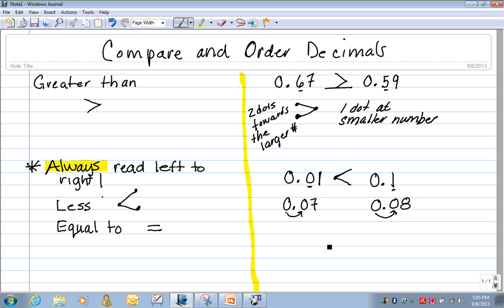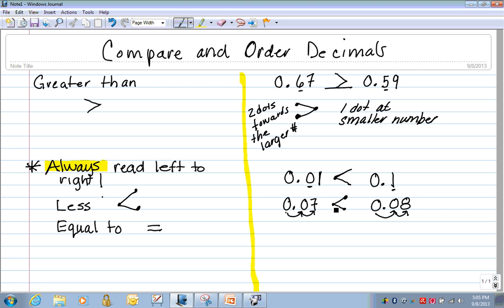And when I look at the 10th place value, I still see 0 and 0. And since they're equal, we need to go over yet another place value. So now we're looking at our hundredths place value, and I see a number 7 and a number 8, and I know that 7 is less than 8, therefore 7/100 is less than 8/100.